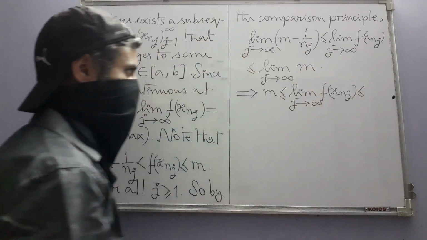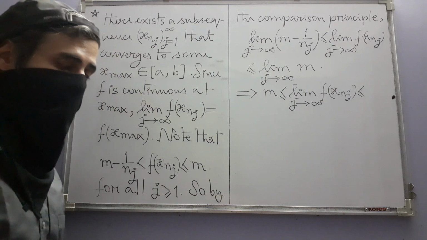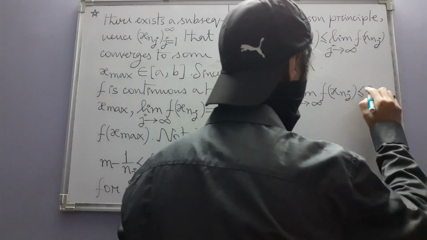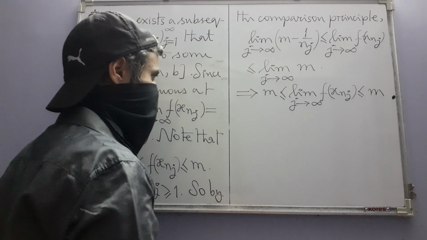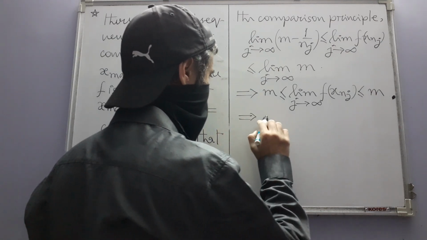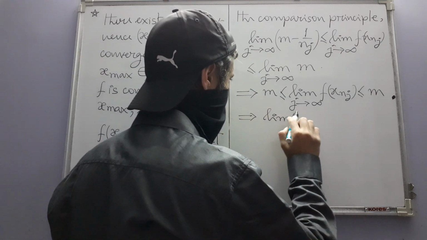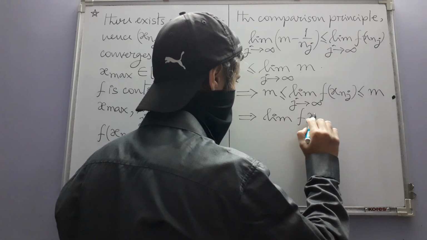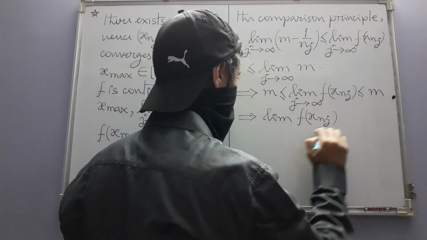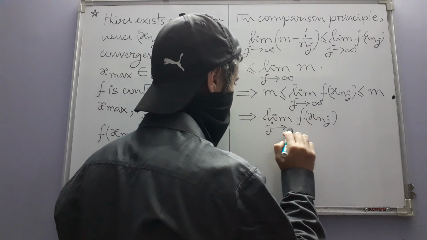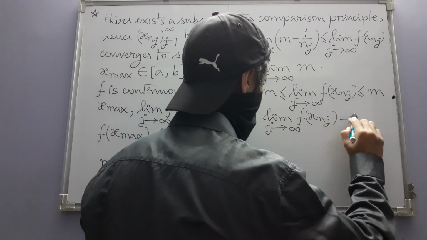And this is the constant sequence m, which does not change with j, so it converges to m. And that is why this limit is equal to m.